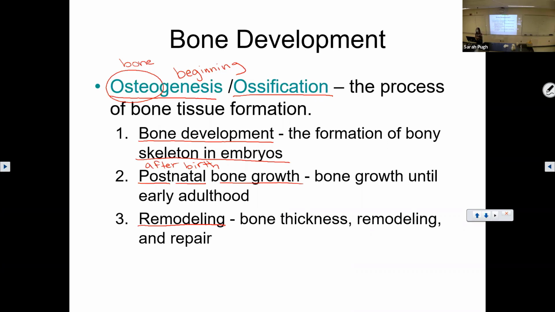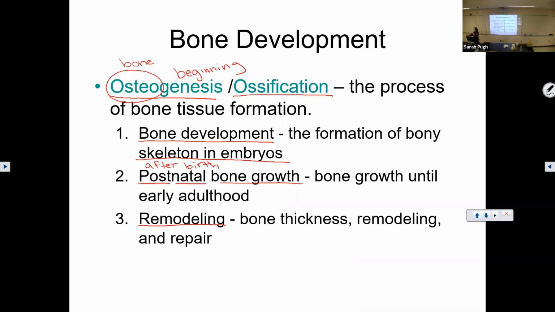Okay? So an example might be someone who decides that they're going to start playing tennis. Maybe their right hand is their serving arm. Every time they serve and hit that tennis ball, they're using that right arm. Over time, depending on how much they play, the bones in their right arm are going to remodel based on the demands they're putting on those bones.